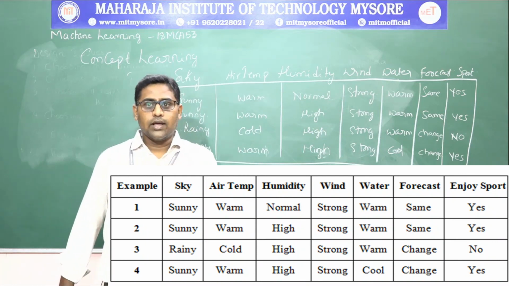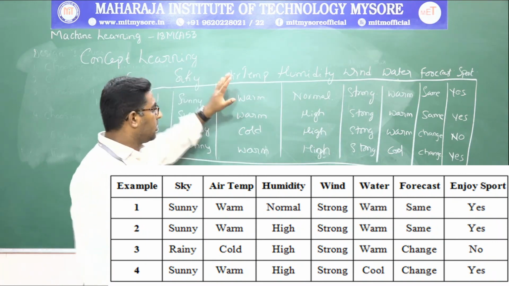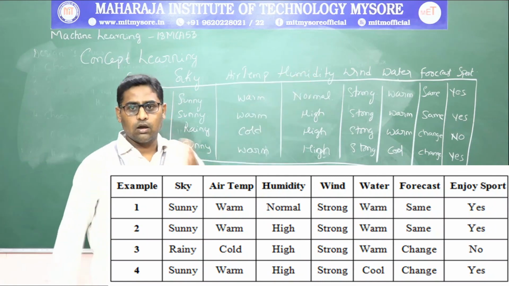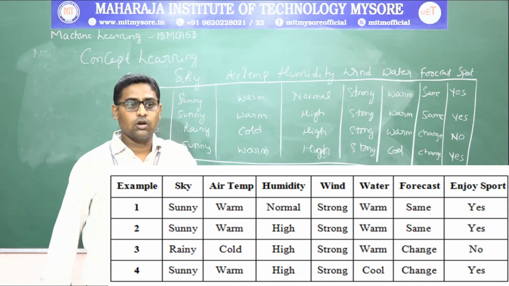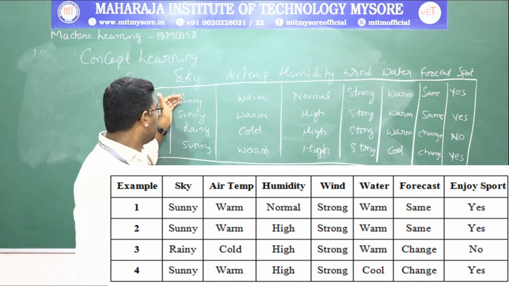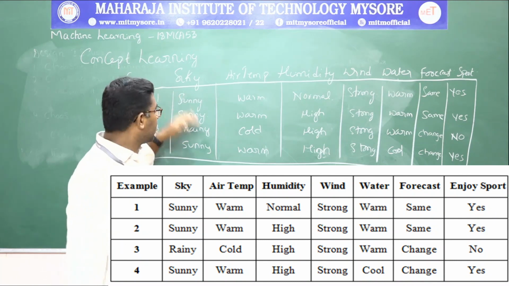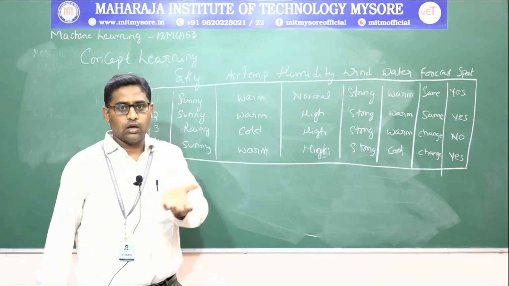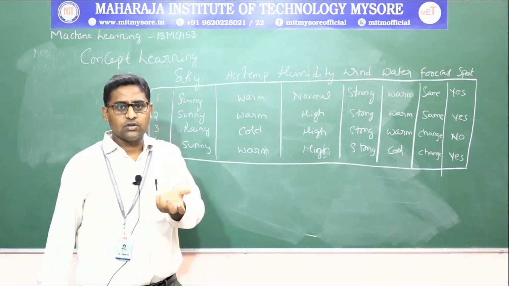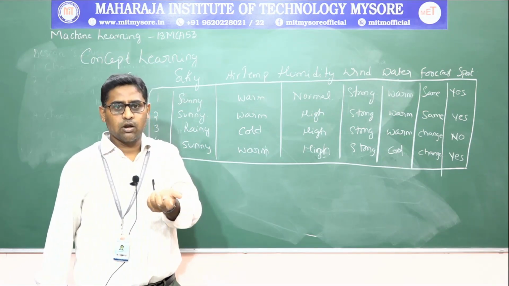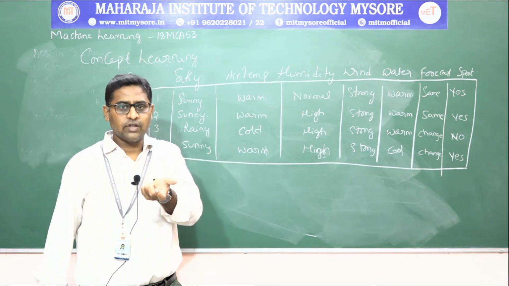Now this is something called concept learning, meaning the swimming or going for water sport is a concept, like at what condition you will go and do the swimming or go for a water sport. Now with the training examples, it has to tell you through your mobile phone, okay, yes, today you are supposed to go for swimming or not, by checking the weather condition.